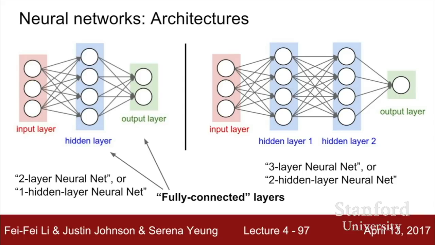We could also call this a 1 hidden layer neural network. So instead of counting the number of matrix multiplies we're doing, we count the number of hidden layers that we have. You can use either, but I think 2-layer neural network is maybe a little more commonly used. And then for our 3-layer neural network, this can also be called a 2 hidden layer neural network.